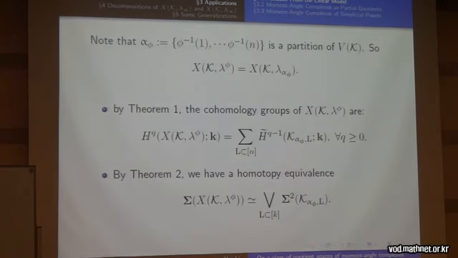Then by our theorem 1, we can compute the cohomology group of the pullback from the linear model via the colored subcomplexes of K in this way. And also we have this stable decomposition of such spaces. So these are very special examples of where we can use our theorems.